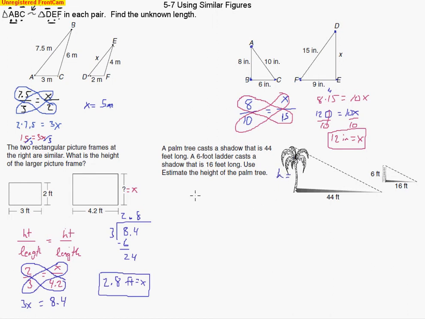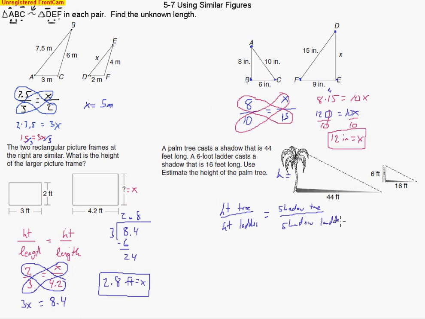And so what we're going to do is set up a proportion. Last time I set it up with the numbers of one of the figures in one of the ratios. You can set it up that way, but we could also go this way. I could take the two heights and compare those. So I could do the height of the tree over the height of the ladder, and compare that to the shadow of the tree compared to the shadow of the ladder.